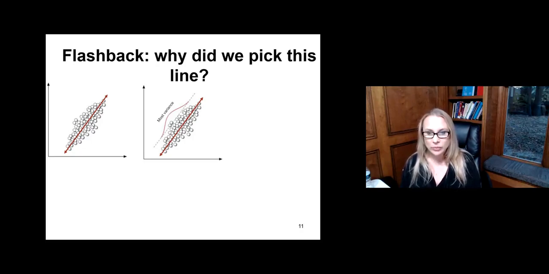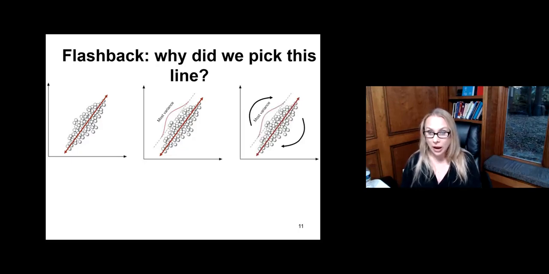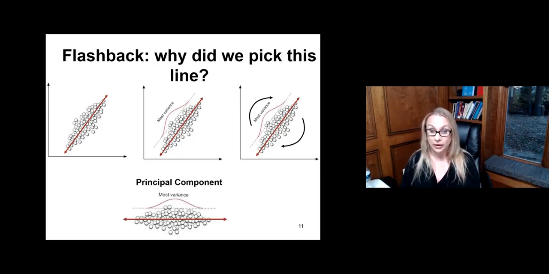The first principal component will capture the most variance of all the other principal components, and the second one will do the second most, and so forth. And then typically you're going to rotate that principal component, and you end up with the principal component that we see here at the bottom. This one at the bottom is the one that's going to be capturing the majority of your variance.